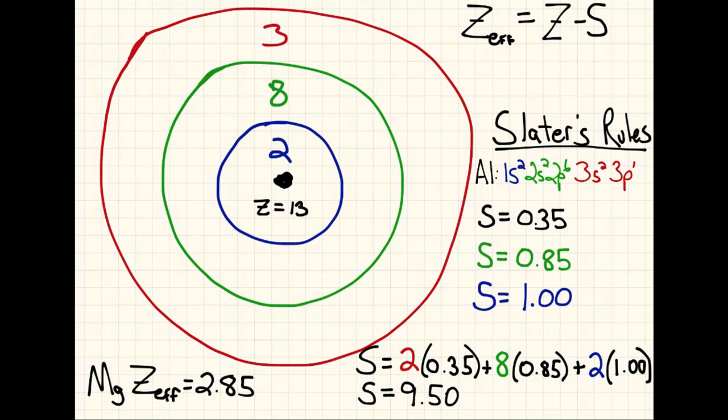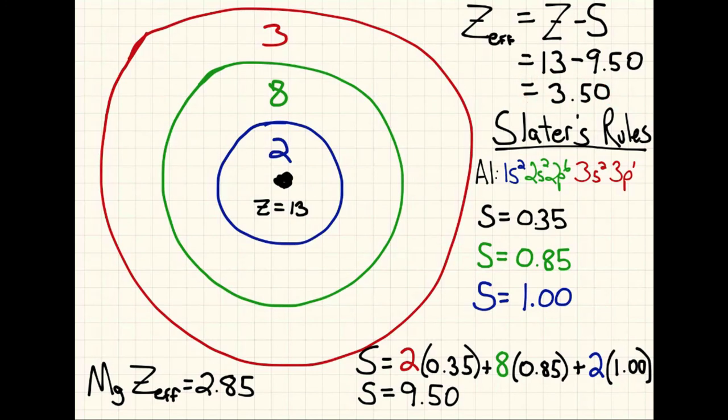Now using this value for my shielding constant, 9.5, I can now calculate my effective nuclear charge. Recalling that for aluminum, my actual nuclear charge is 13. If I take 9.5 away from that, we can see that my new effective nuclear charge is 3.50.